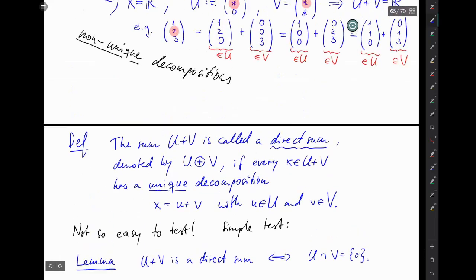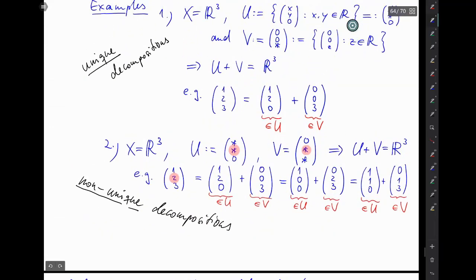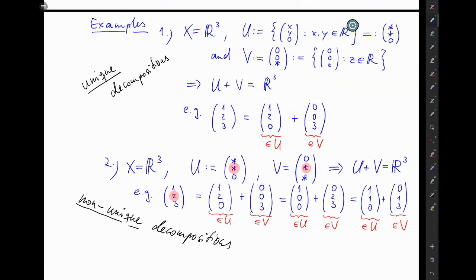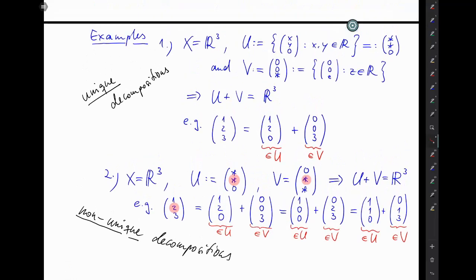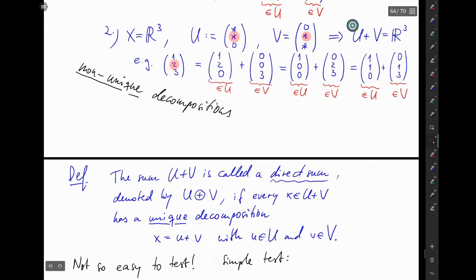Okay, before we come to a proof, let's quickly check whether this test is helping on our first examples 1 and 2. So in example 1, the only vectors that are of this form, or maybe I should say of this form, and at the same time of this form, indeed is the zero vector. So the intersection of U and V equals 0 there, which indeed means you have unique decompositions, or in the sense of our definition, you have a direct sum.